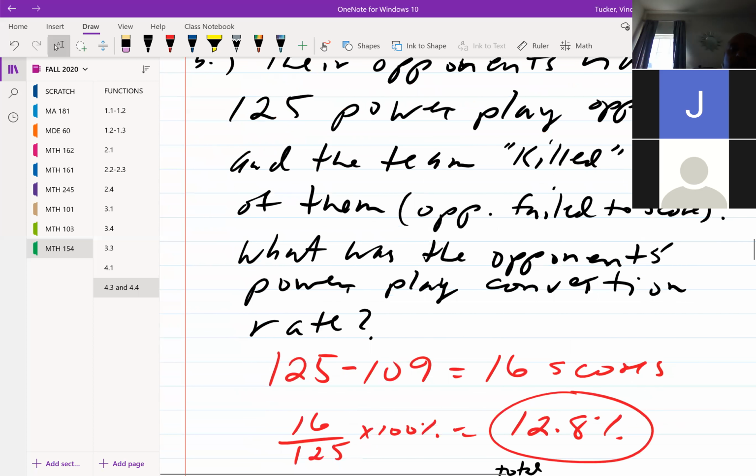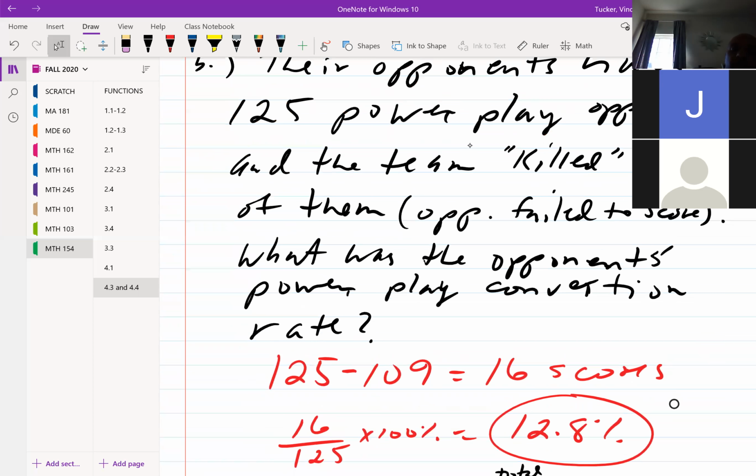First thing you want to know is how many times they did score. So you take the 125 minus the 109, because remember 109 is how many times they didn't score. So there'll be 16 scores. Then you take the 16 and place it over the 125, the number of opportunities that they had altogether. And that'll be 12.8%.